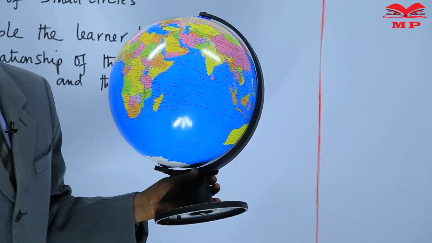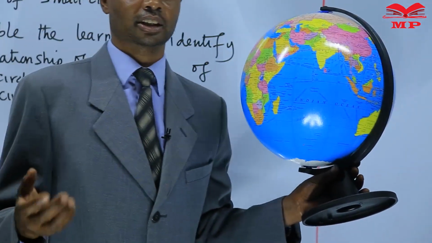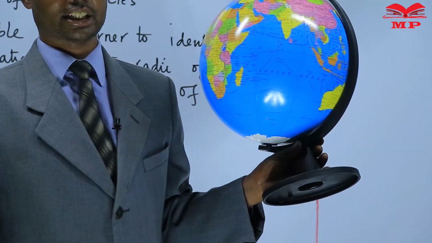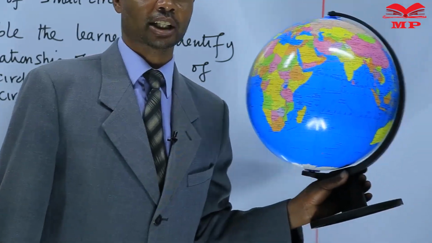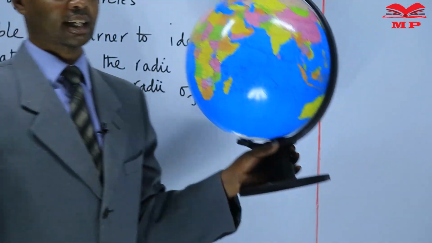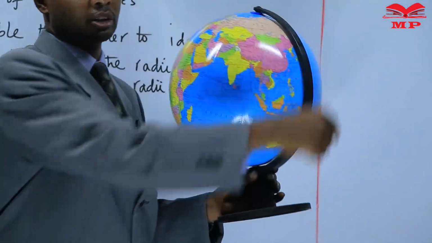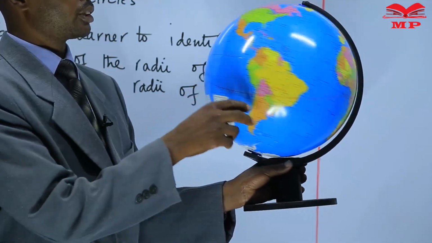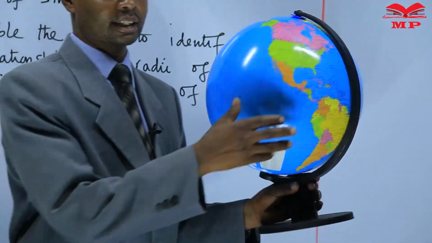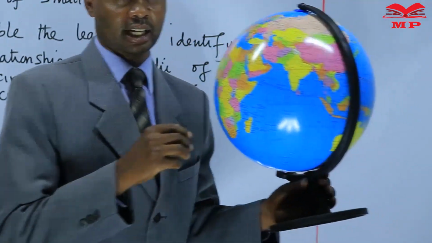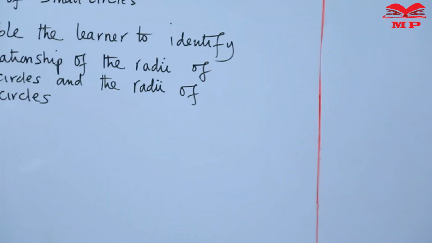So it's easy to say the only latitude that is a great circle is the equator. But all longitudes are great circles. All longitudes, which we know go through the North Pole and the South Pole, are great circles.